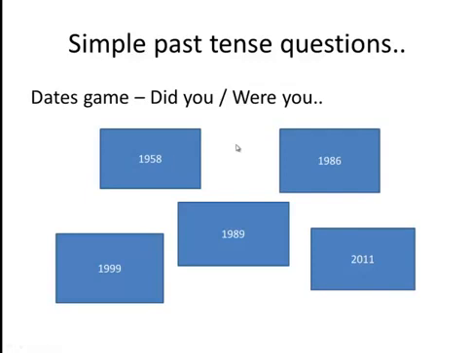And again, they've got to ask the right questions. Did your parents meet in 1958 or whatever? So when they've done that, they then need to in pairs write sentences using the simple past tense again. So Joe's parents met in 1958, and then clearly they can write their own dates and do the same thing with each other.